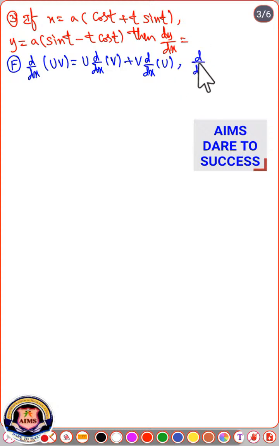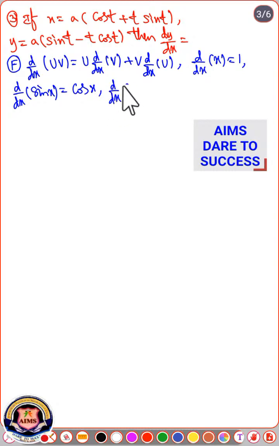And d by dx of x is equal to 1, the next one d by dx of sin x is equal to cos x, and next d by dx of cos x is equal to minus sin x. Okay, my dears, these are the formulas for this question.